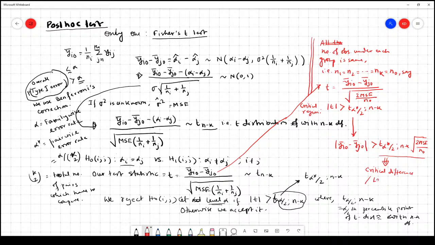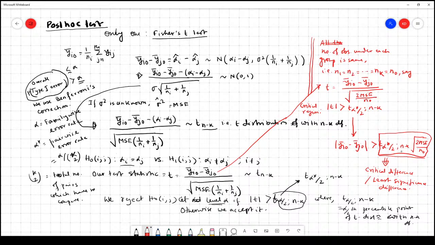or least significance difference. So if your number of observations under each group are the same, that means the balanced case, in that situation we see that this portion is fixed for all ij pairs.